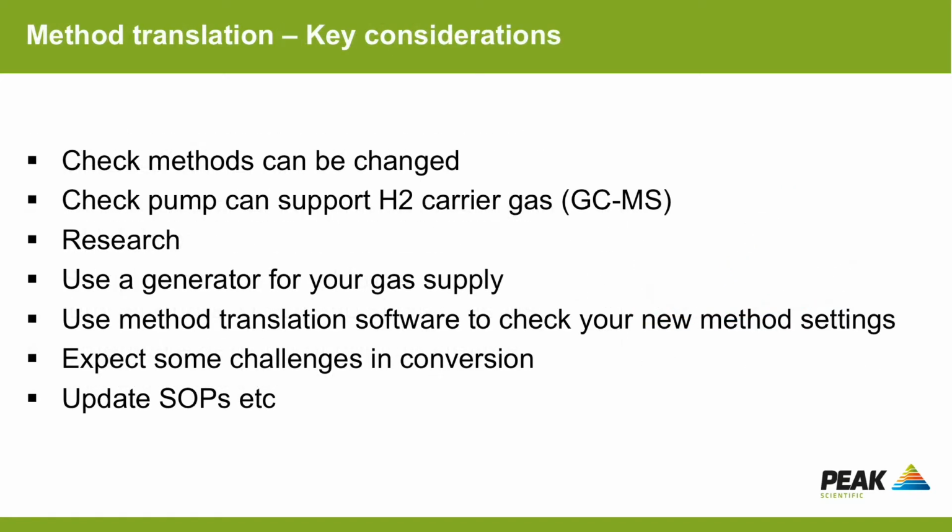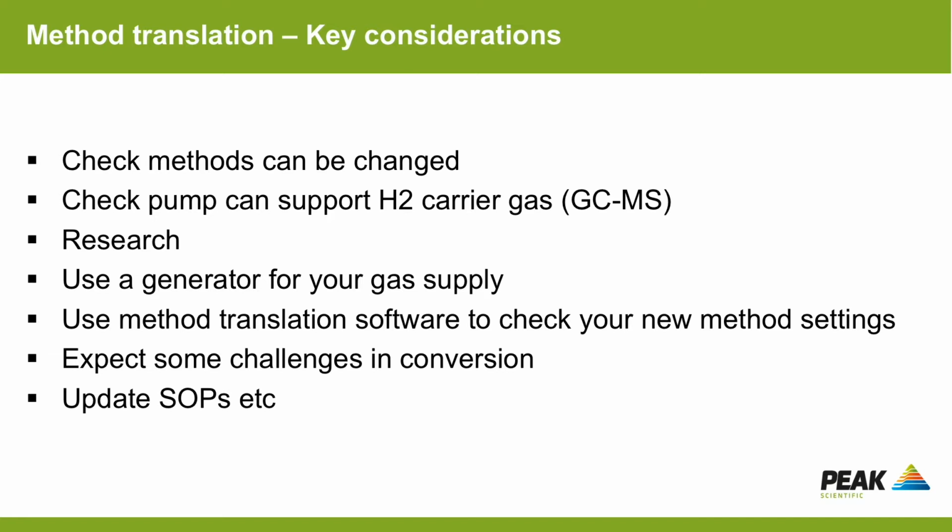Okay, so in the last webinar, we went into some detail to look at method translation and the key considerations. This slide gives you a very brief overview of the key considerations when looking to change carrier gas.